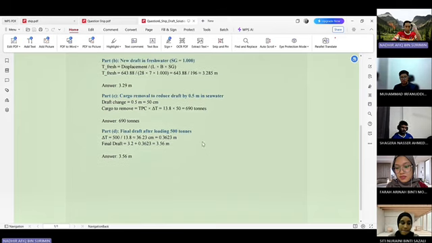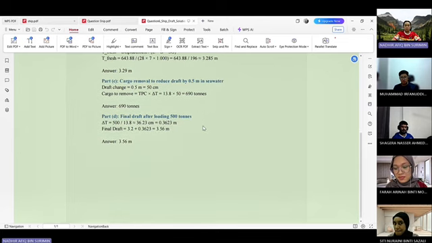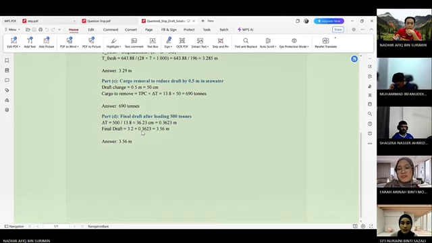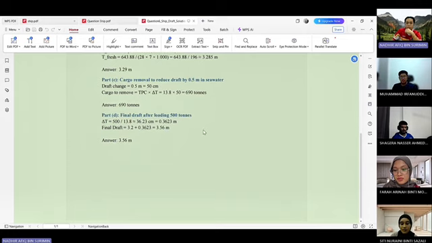Okay, the last is the final draft after loading 500 tons. 500 divided by 3138. The answer is in cm, we convert to meters, and with the initial draft of 3.2, we get 3.56 meters. Okay, that's all from me.